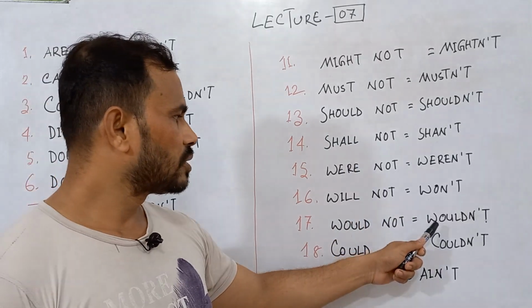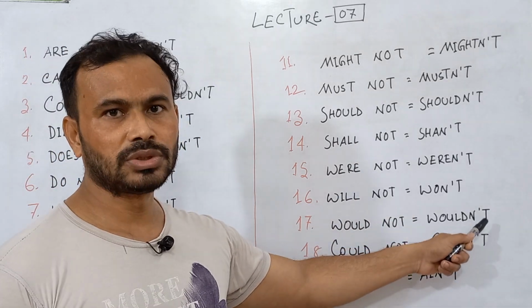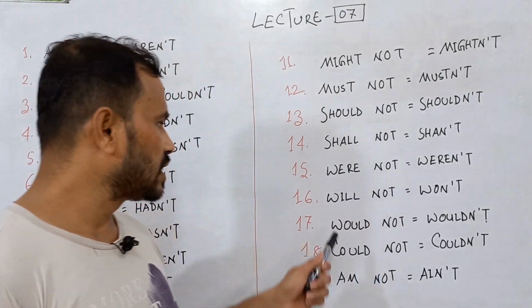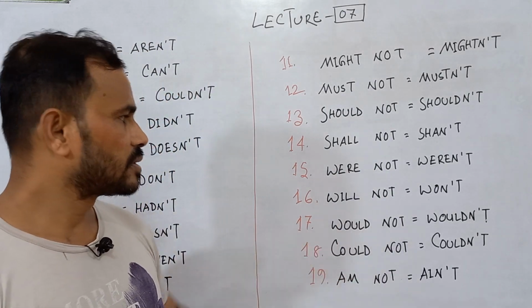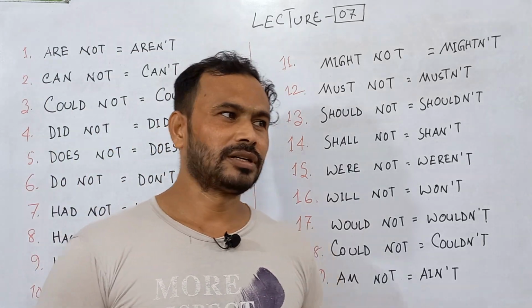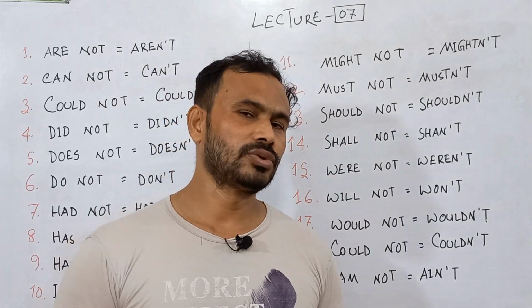The contracted form of would not is wouldn't. If we say one sentence for would not, it is: I would not go to school.